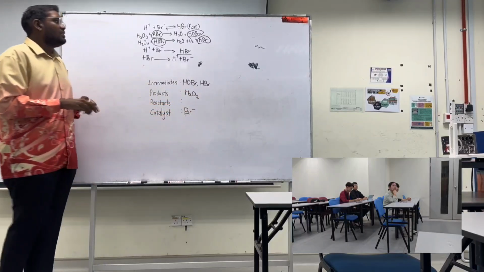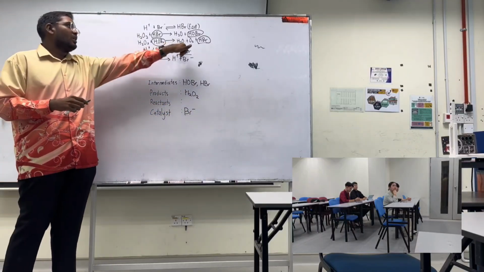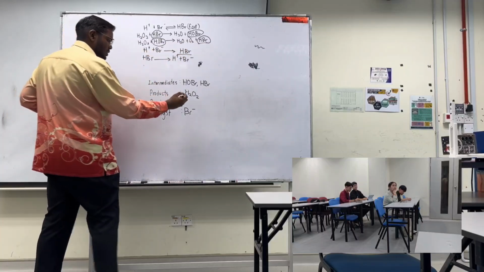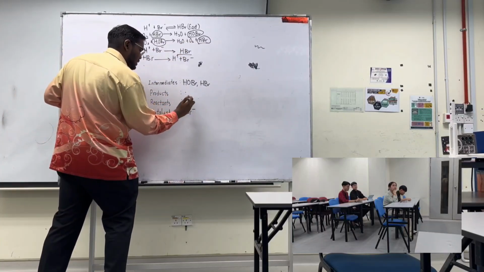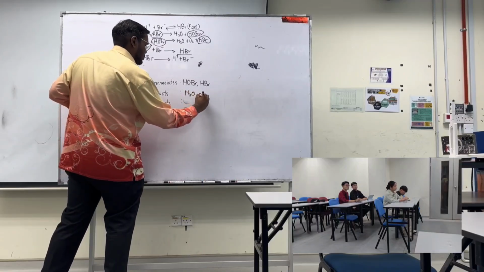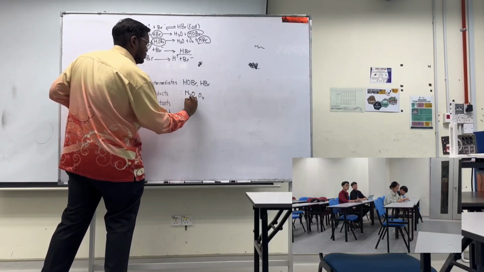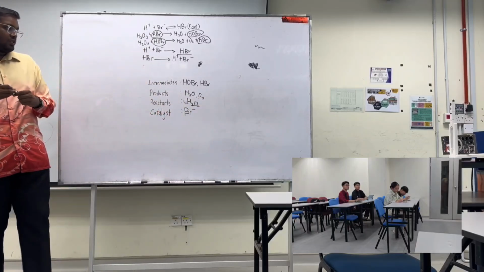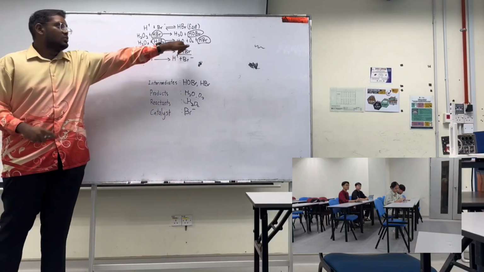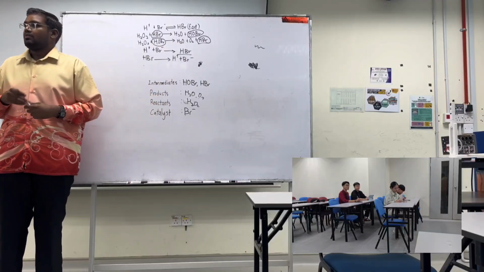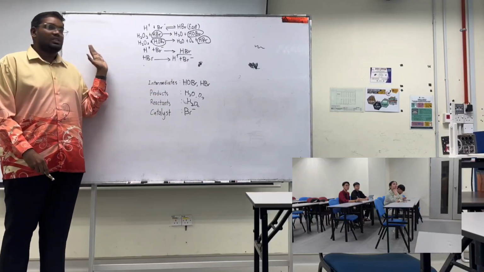Lastly, the two remaining products we have are water and oxygen. Sorry for the confusion. The products will be H2O and O2. Meanwhile, our reactant will be H2O2. So that's all from me for question A.